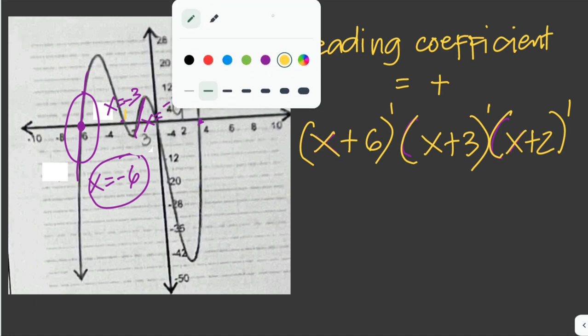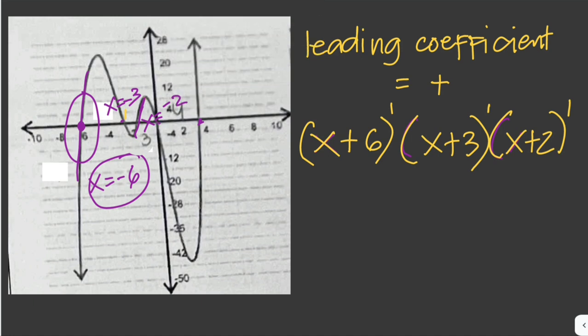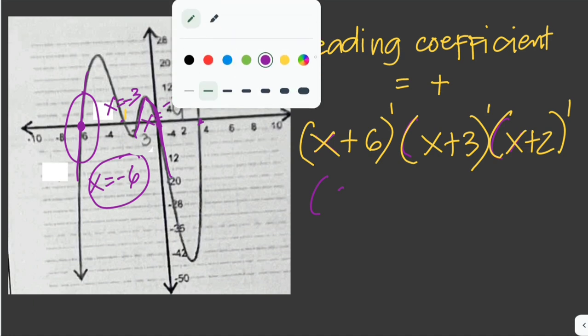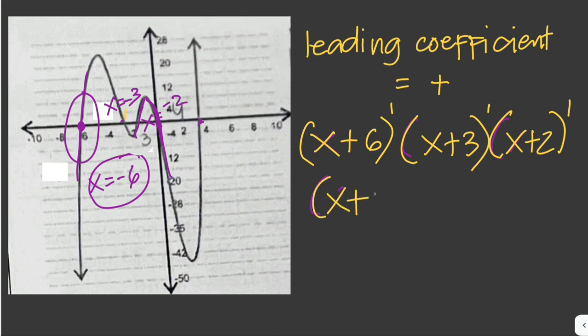And then this part of the graph here crosses the x-axis at x equals 0. So we can write this as x plus 0 with a single multiplicity. Then the last part of the graph is this one. The graph here crosses the x-axis at x equals 4.